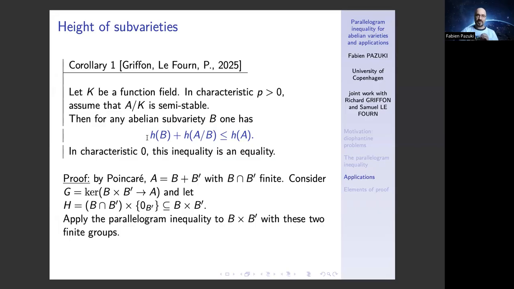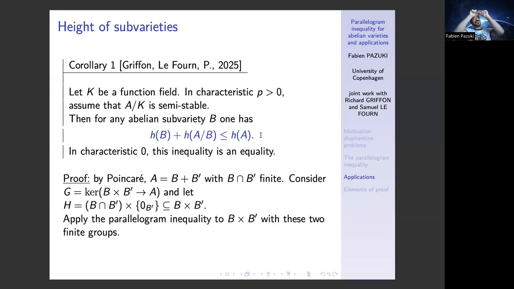So it's a clever trick, and we learned the trick from Rémond, but we can use it, of course, in this setting because, well, we also proved the parallelogram inequality, so then we can use it as well in the function field setting. Yeah. So that's the first corollary, which means that it's possible to control the size of B by the size of A simply because we actually have better.